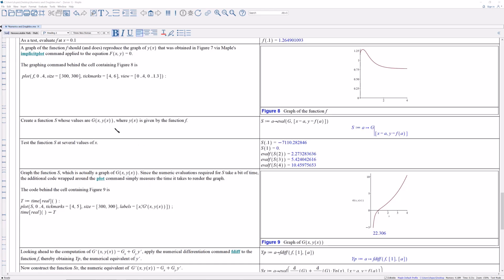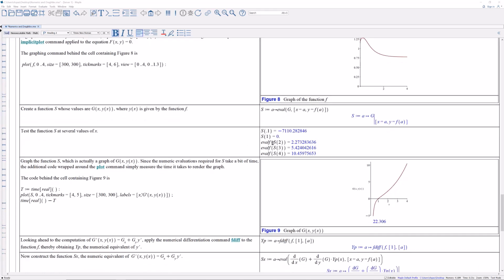So now we want to create a function g of x, y of x, where y of x is given by the function that we created up here. So take g, and wherever there's an x, you put a letter a, and wherever there's a y, you put f of a. Does that work? So you test it.